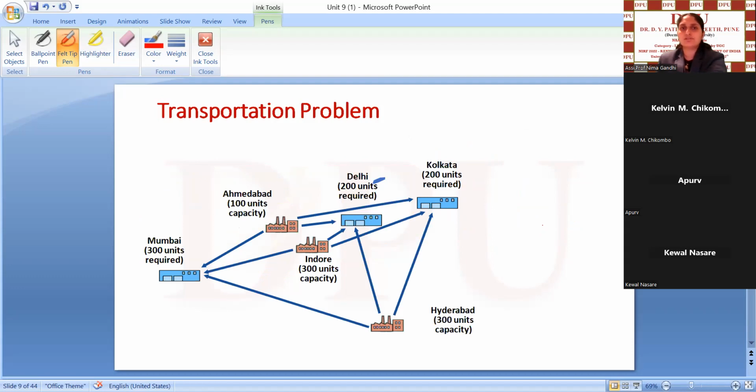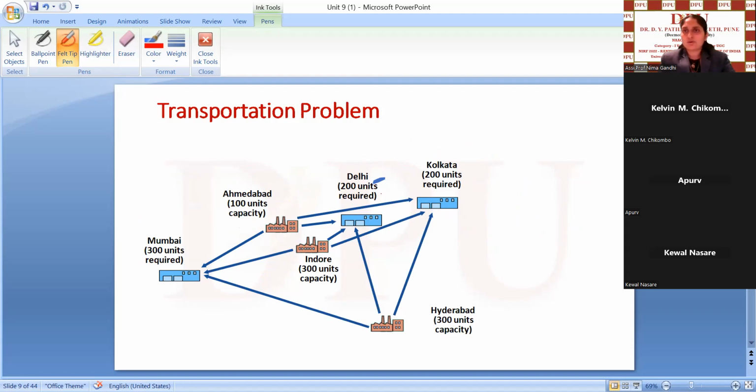How can they do this? The three cities are, let's say, Ahmedabad, Indore, and Hyderabad. From Ahmedabad, they can send their products to all three places where there is a requirement: Kolkata, Delhi, or Mumbai.